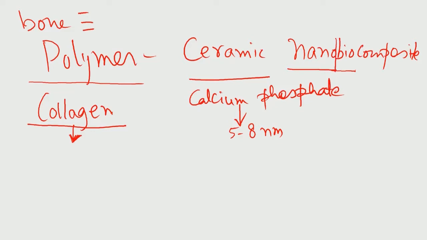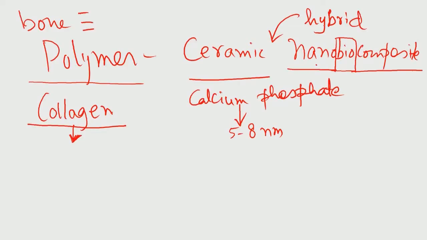Because it has a natural biological constituent, that is the polymer collagen. Nano, because the constituents have a nanoscale size, and it is also called a hybrid composite. Why hybrid composite? Because two different types of constituents, collagen and hydroxyapatite, are contained in the bone structure.